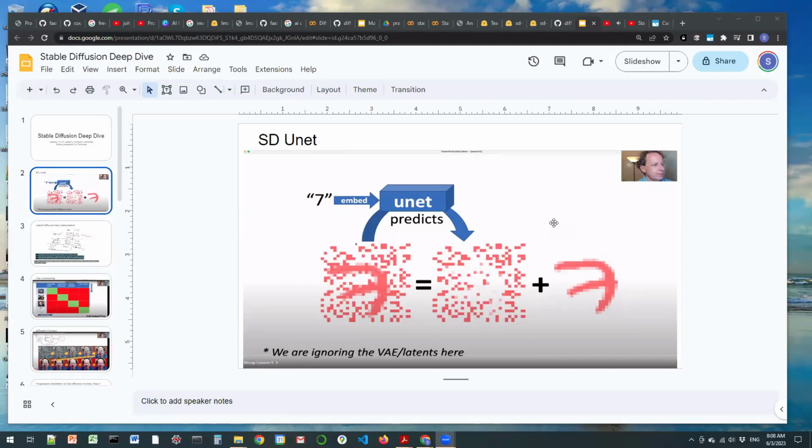In the inference process, what is referred to as the backward process, we provide the noise and ask the UNet to infer, and repeat through that loop a number of times.